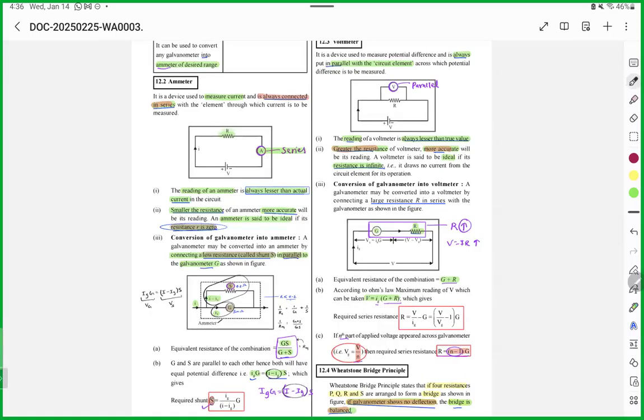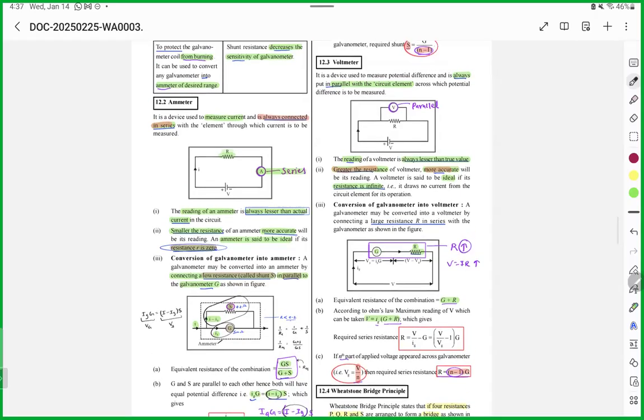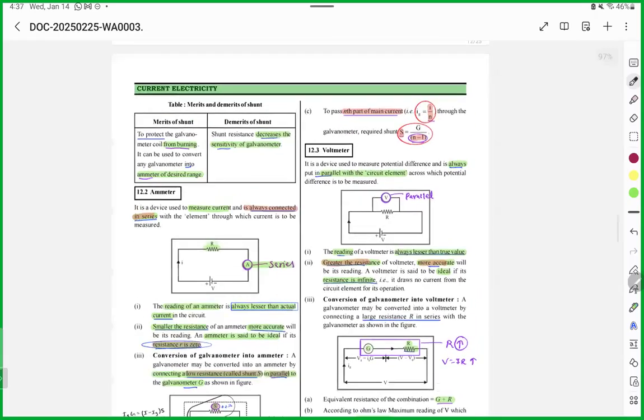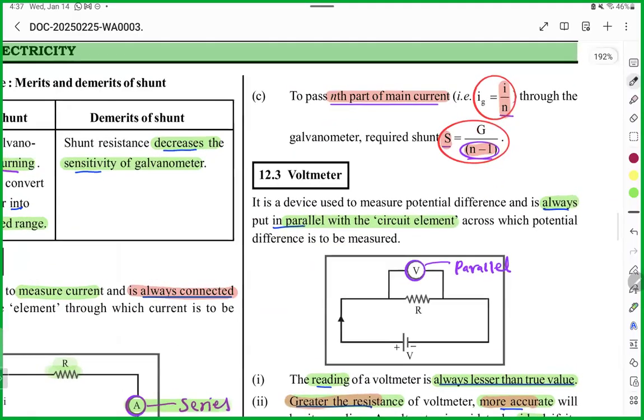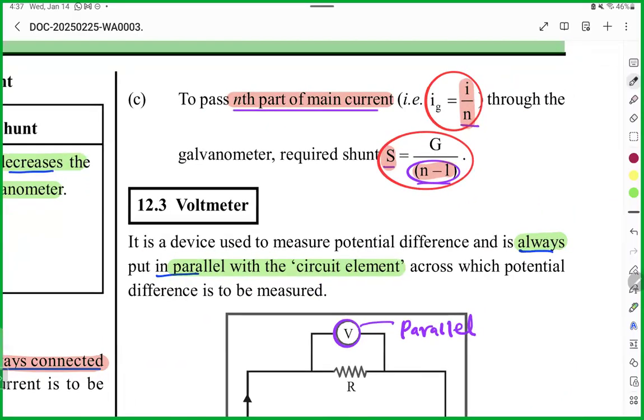Because the voltmeter is comparable. That's why every time I ask you about the first topic, because the second topic will be in parallel and you will understand it more. Okay, ammeter. In case of parallel, current will reduce.